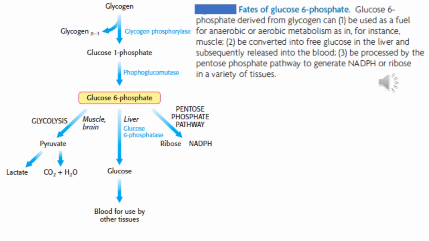The same glucose 6-phosphate also enters the pentose phosphate pathway. While in the muscle and brain, this glucose 6-phosphate enters glycolysis for the release of energy.